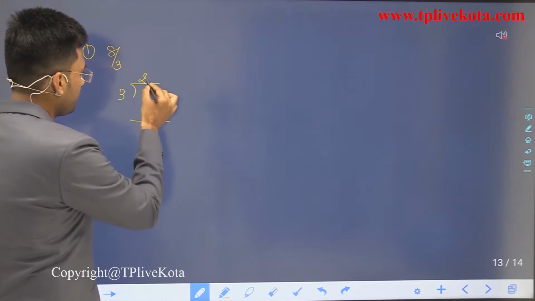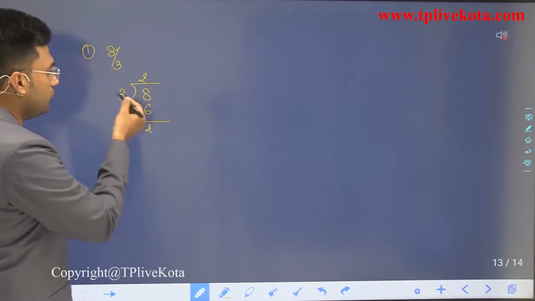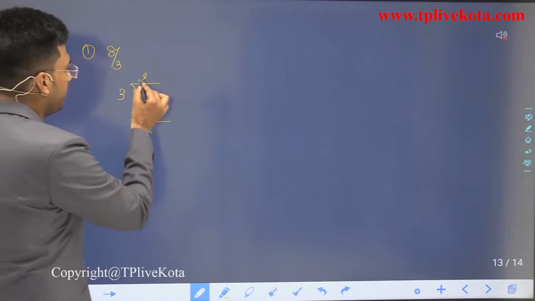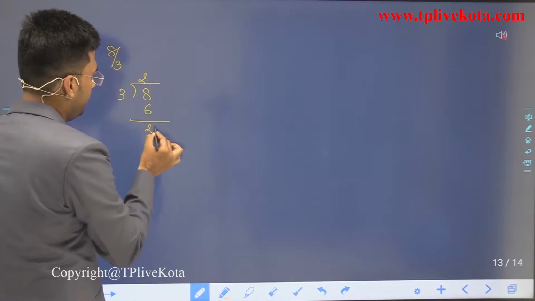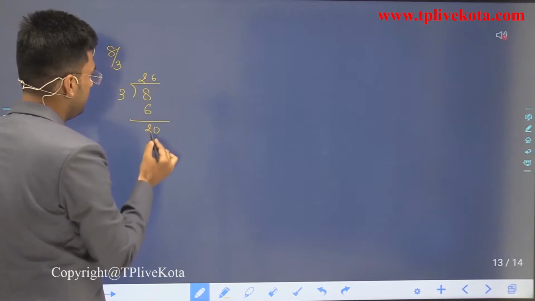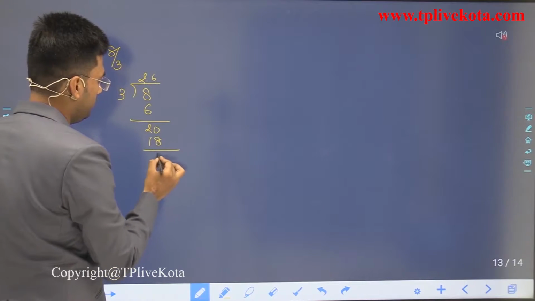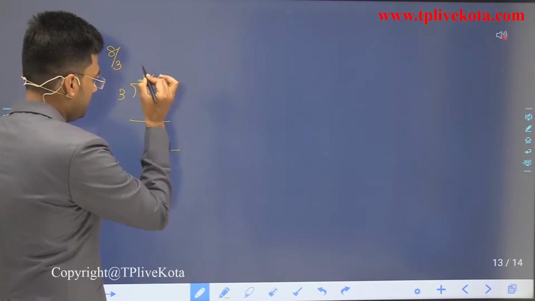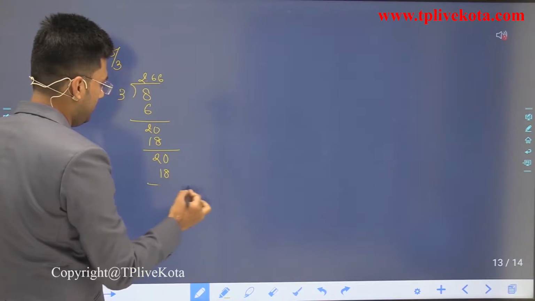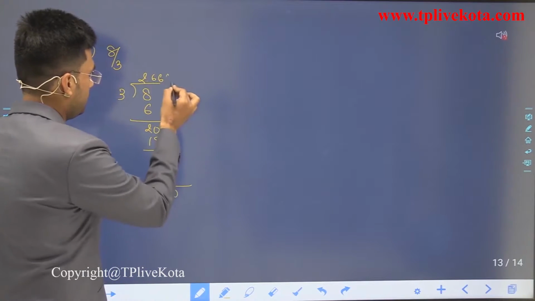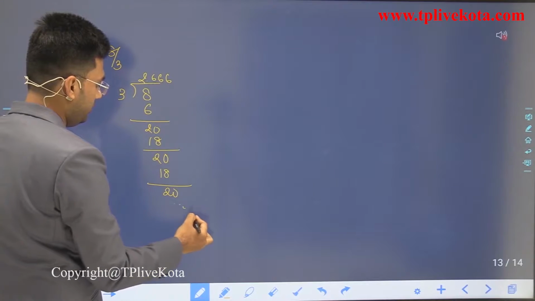Again, 2 cannot be divided by 3, so let's take a decimal. Then it is 20, 6 times 3 is 18, remainder 2, again 20, 6, 18, 2. That means it goes on continuing like this.